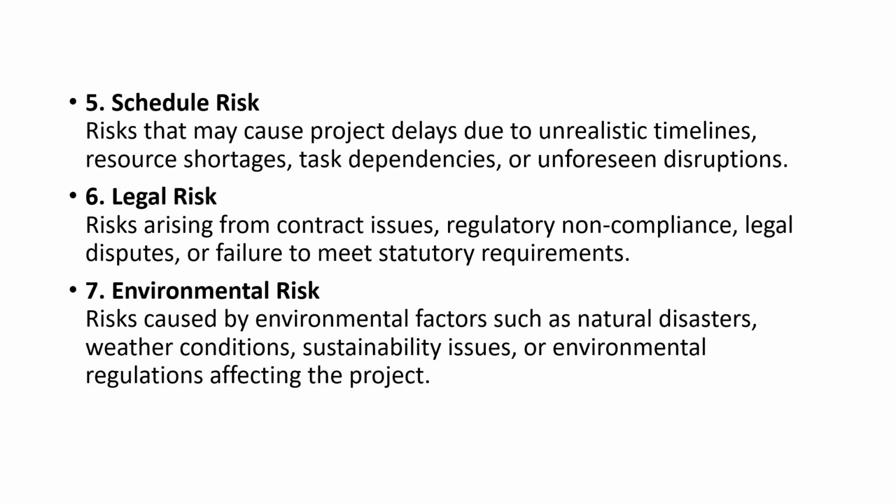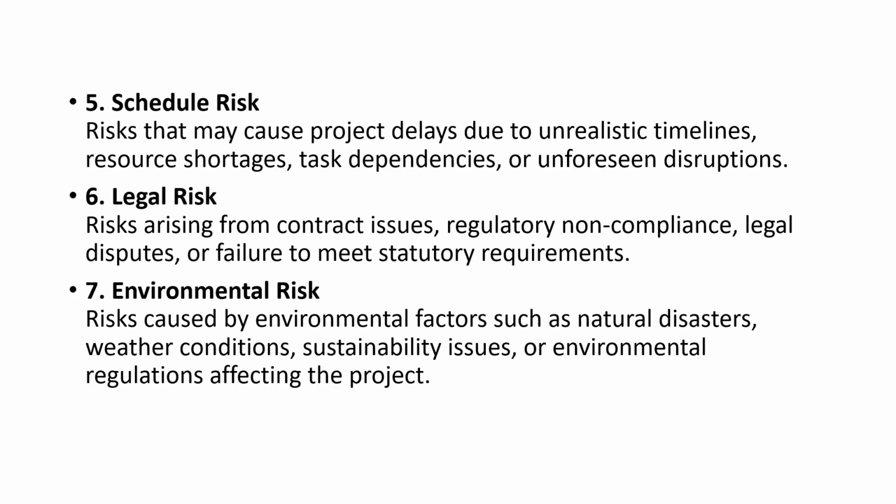The seventh is environmental risks. These risks come from environmental conditions or external environmental factors that may affect project execution. Examples include natural disasters, extreme weather, sustainability concerns, or environmental regulations. In some projects, especially construction or infrastructure projects, environmental risks can have significant impact.